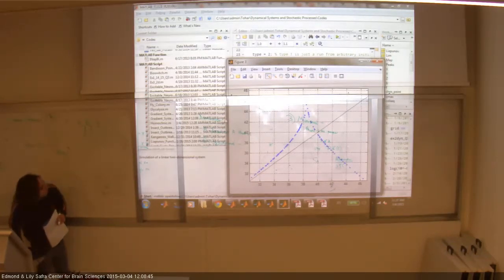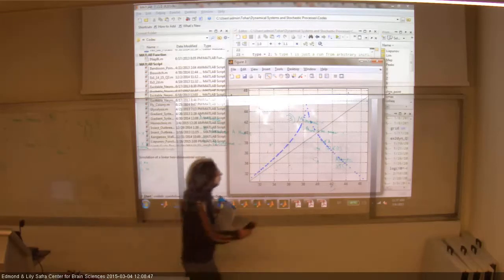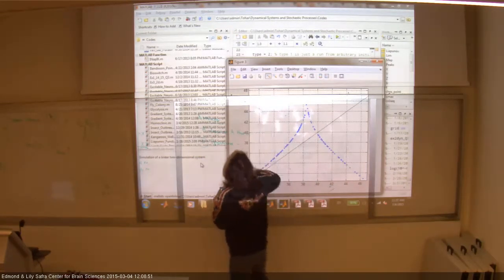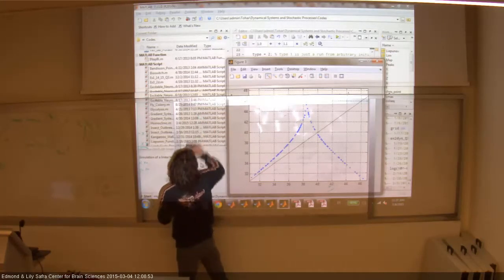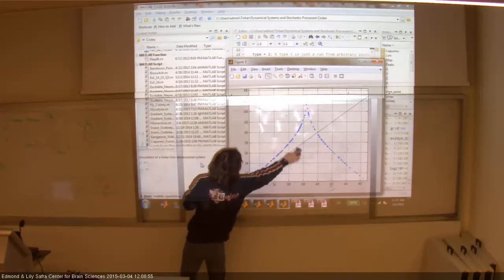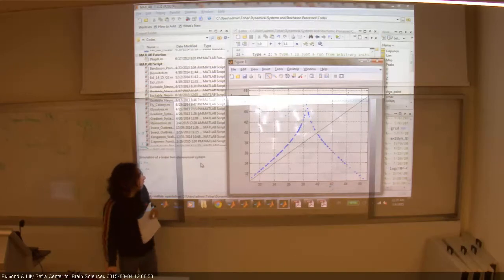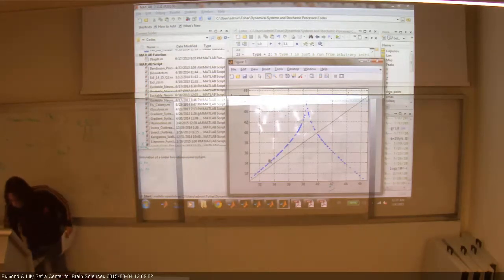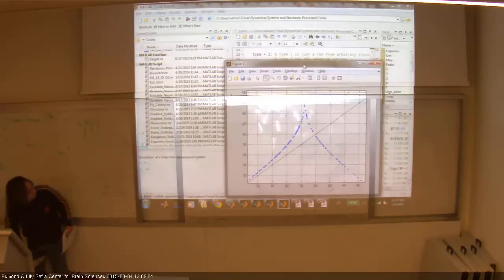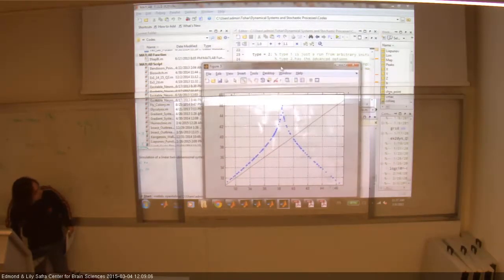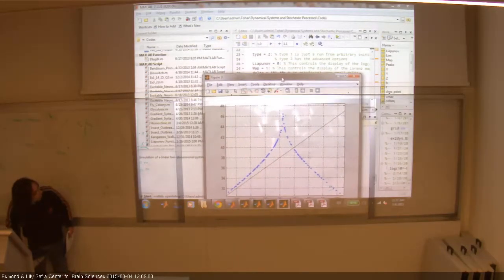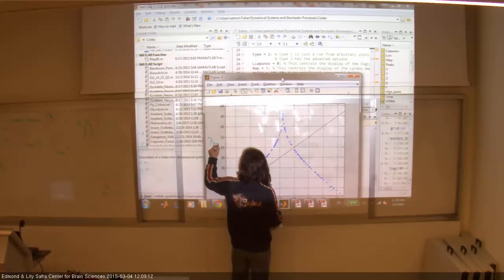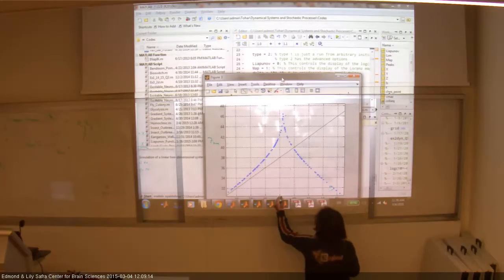Okay. What he found, let's erase, was that these points scatter along this kind of curve. So this is Zn plus 1, and this is Zn.